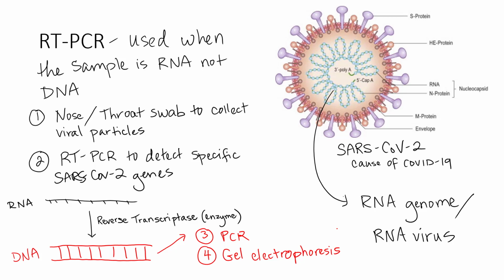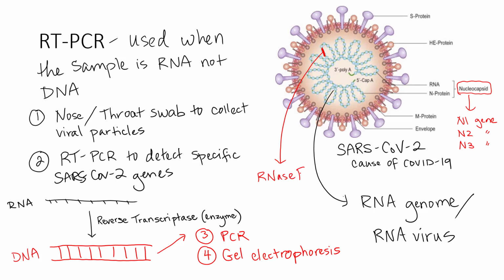The specific genes they're detecting are several genes involved in the nucleocapsid. They call them the N genes, so there's the N1, N2, and N3 genes. These are part of the test. And then they also use it to detect a specific gene involved in RNA copying.